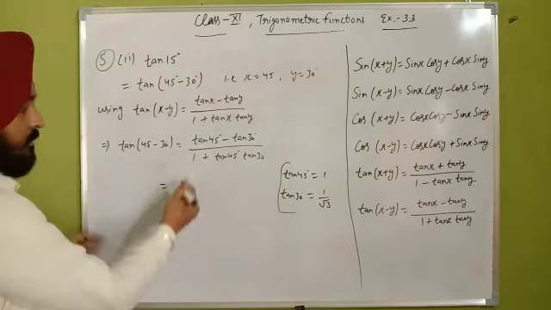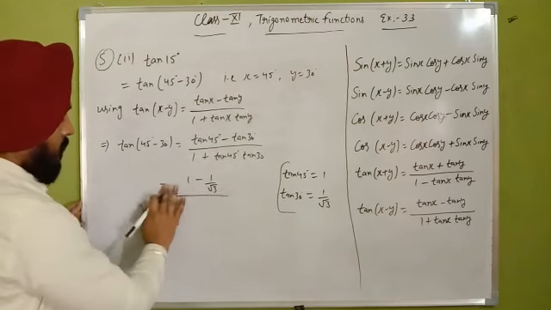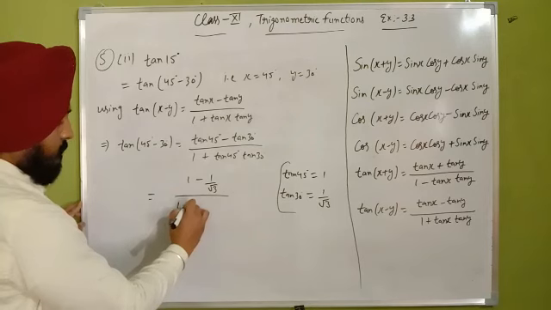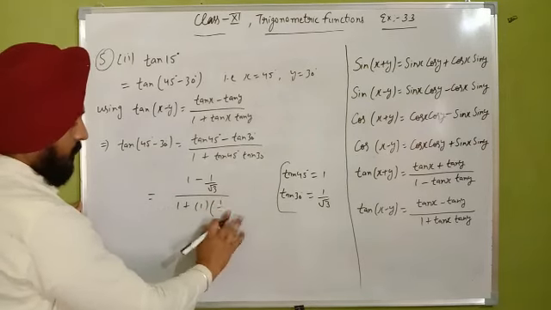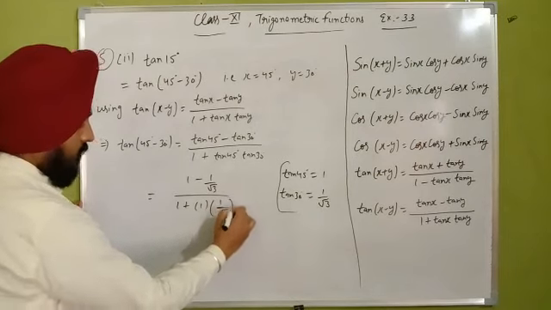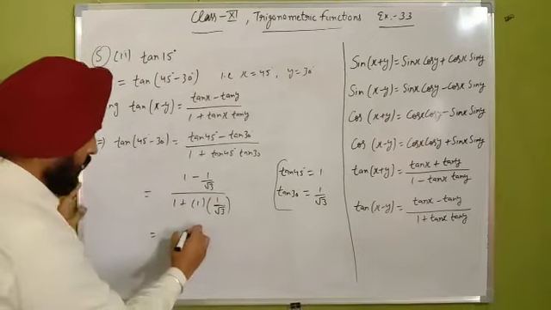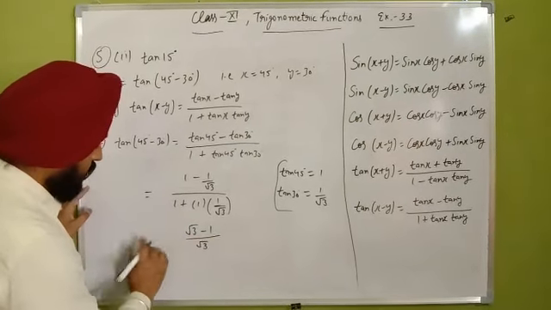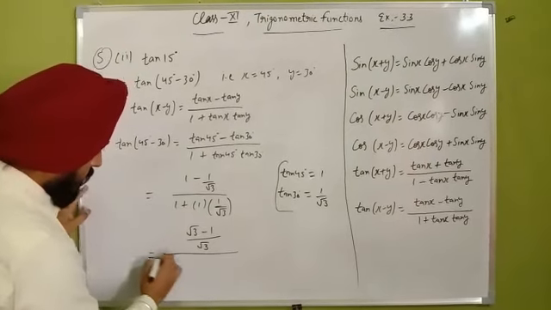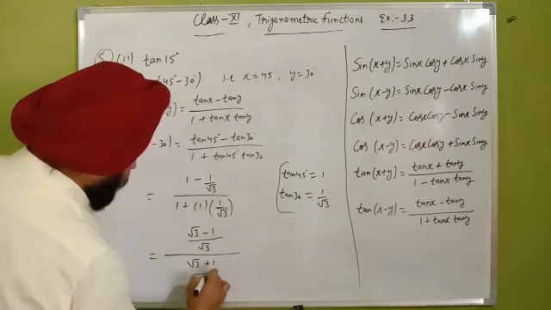That means 1 minus 1 upon square root 3, upon, in the denominator, 1 plus 1 into 1 over square root 3. Clear? Now take the LCM in the numerator as well as in the denominator: square root 3 minus 1 upon square root 3, over square root 3 plus 1 upon square root 3.